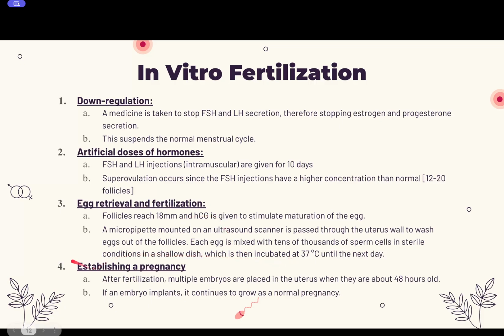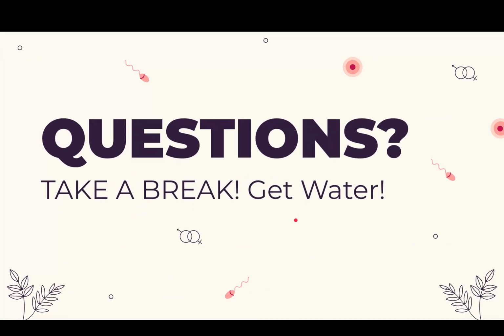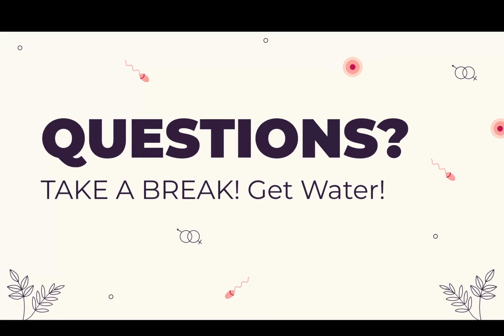But when establishing a pregnancy, since females going through in vitro fertilization won't go through a normal menstrual cycle beforehand, pills of progesterone are usually given as supplements to make sure that the endometrium lining is good enough. Yeah, so we're done with basically all of 6.6.